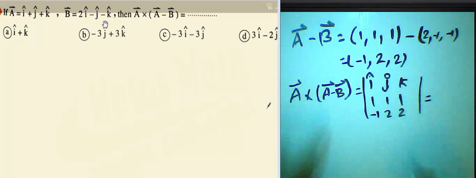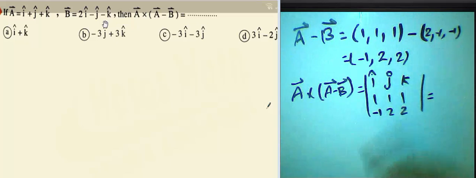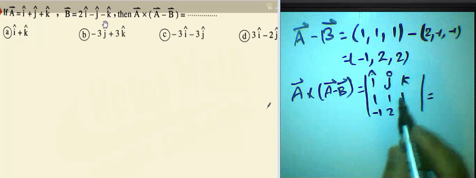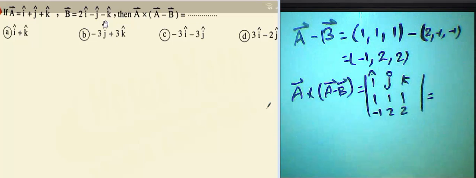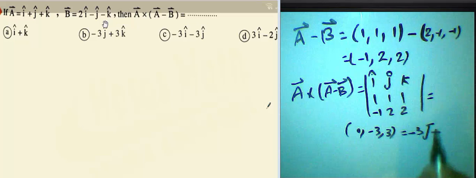We can find the result by using a calculator, or simply by computing the determinant by hand. The result will be 0, negative 3 and 3, which equals negative 3j plus 3k. Choose letter B.